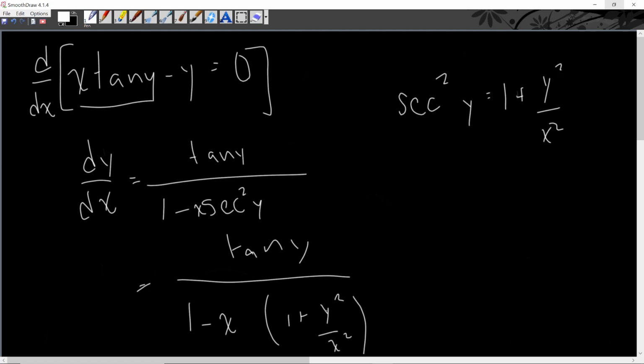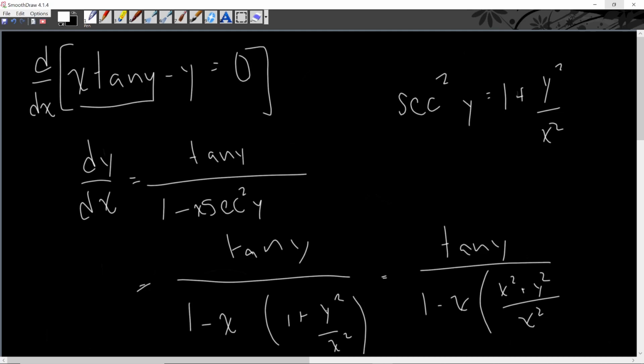And then from here, you simply have to distribute. So we get tangent y over 1 minus x times the quantity 1 plus y squared over x squared. I'm just bringing that 1 into the x squared, so it might be a little bit easier to simplify. And then from here, I just cancel those x's out, have an x down here.